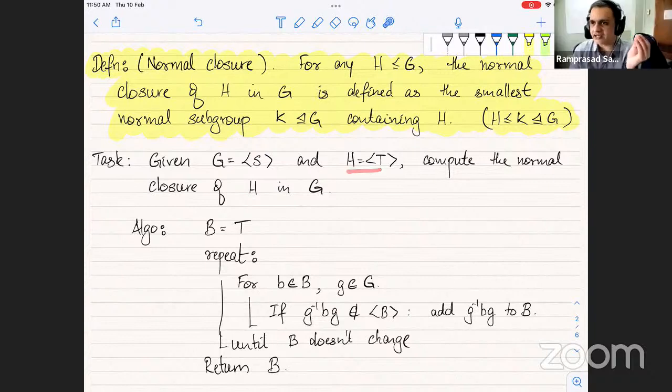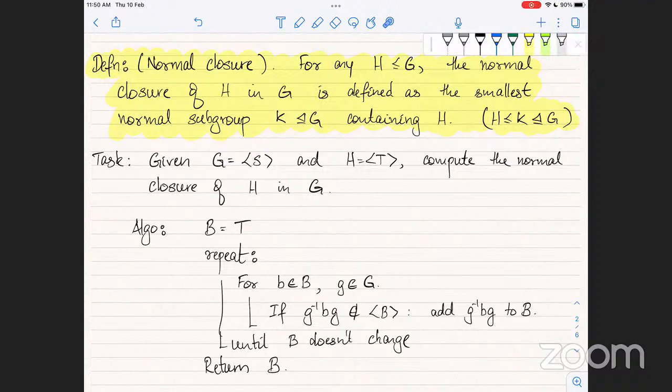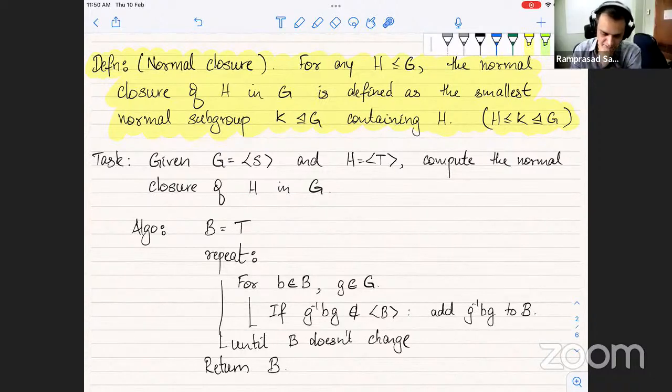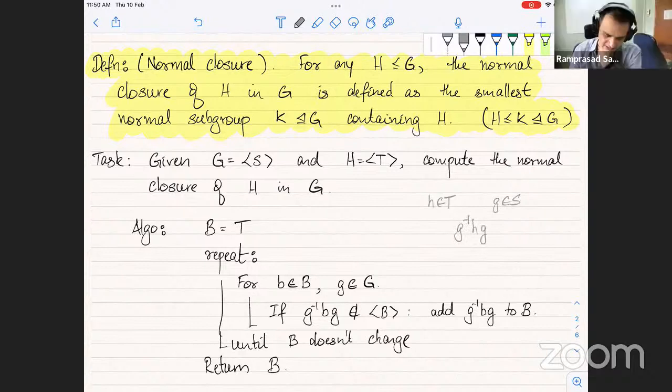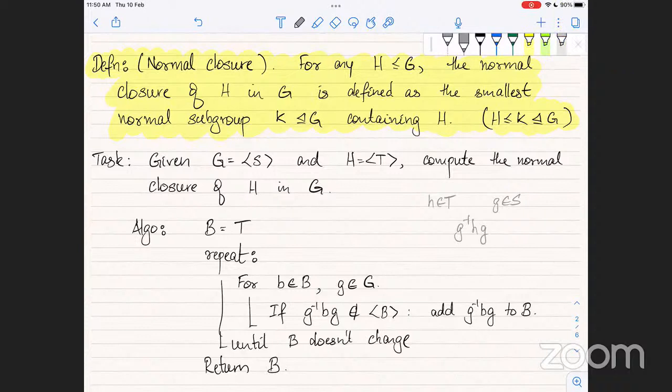I can't do that, because this H could be a huge subgroup. We'll do it on generators only. So suppose you pick up some H in T and some G in S, and now I compute the element G inverse HG. What do you do then?